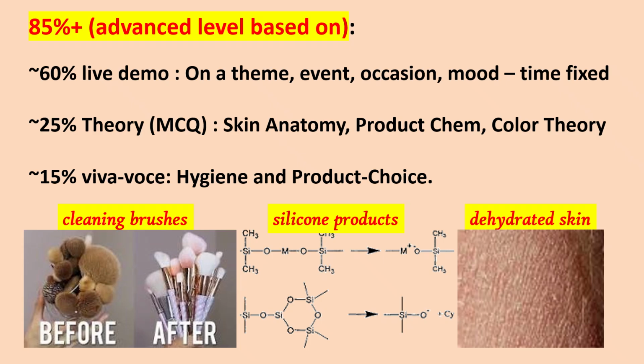60% practical, that's a live demo on a theme or event or occasion or mood. Time is fixed. You are given, say, 3 to 4 hours and you have to do it within that time. You have to do the actual makeup on a theme. A theme could be, for instance, a bridal.